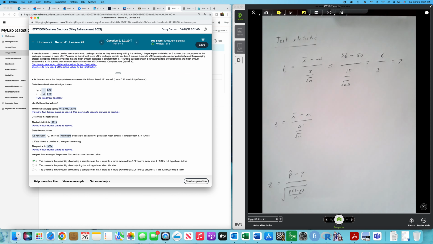So if there's evidence the mean amount packaged is different from 8.17, my null is mu equal 8.17, and the alternative is not equal to 8.17 because of the intent of the study.